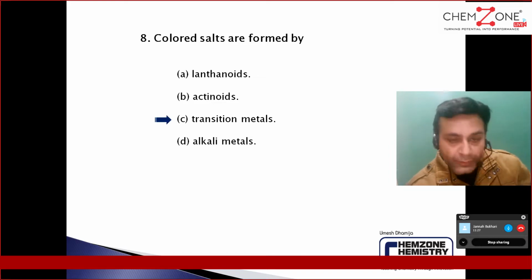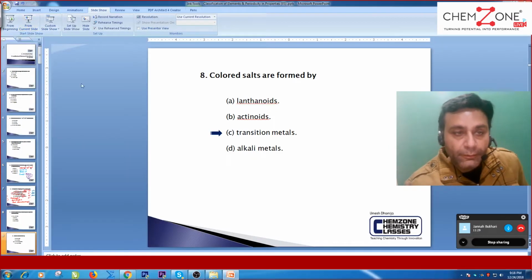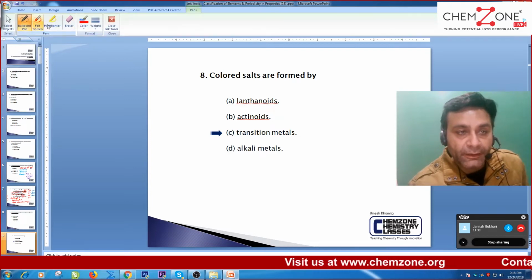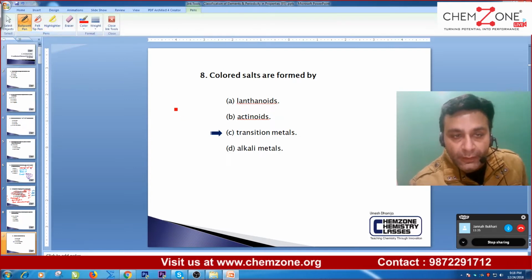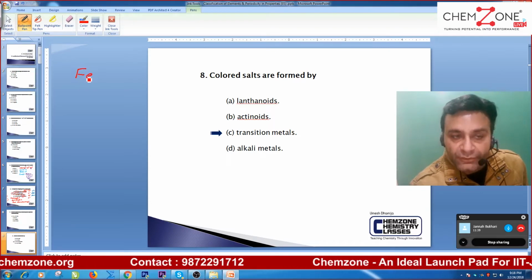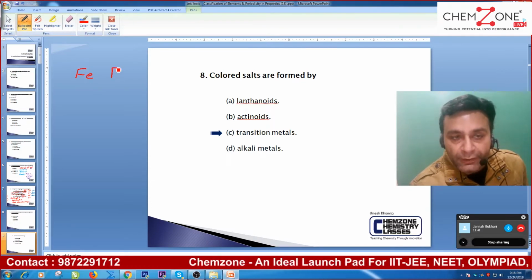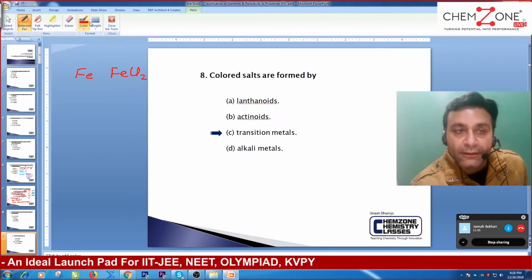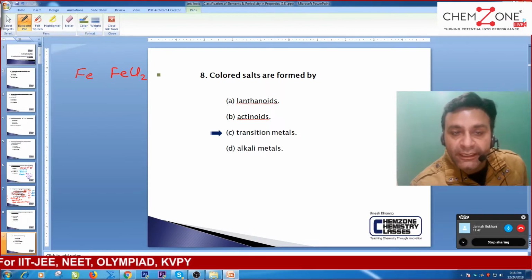I'll tell you the basic fundamental here, because that is more important. Without understanding, it will be of no use. See, if I talk about the iron salts, let it be FeCl2, ferrous chloride, this is green in color.